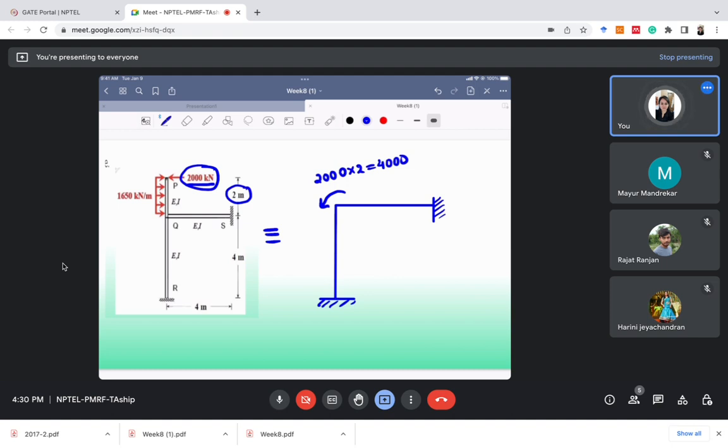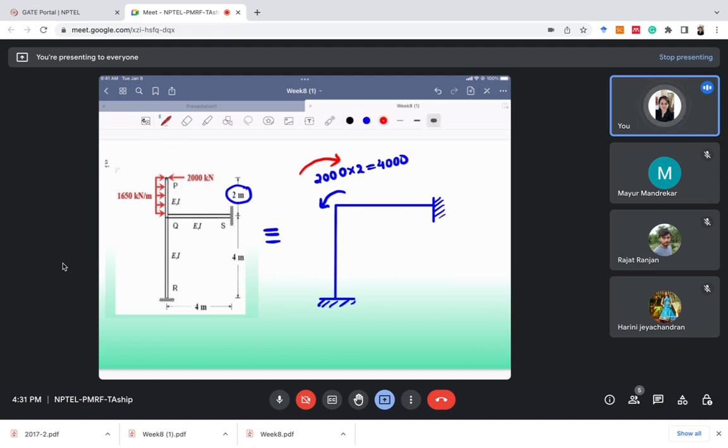Another loading is this 1650. But this 1650 loading is causing the moment in clockwise direction, right? This is pushing it in this direction, so it is a clockwise direction. So here the moment developed would be in clockwise direction. And what would be the value of the moment?